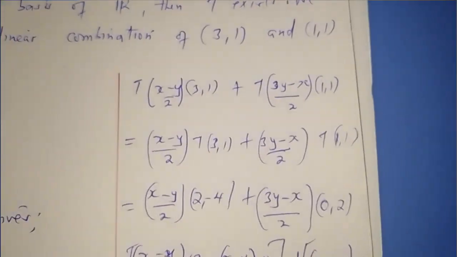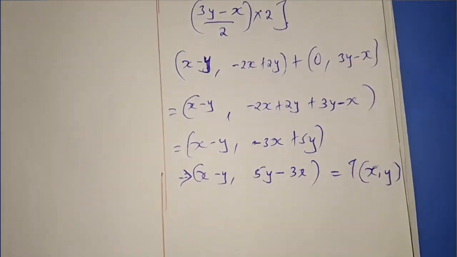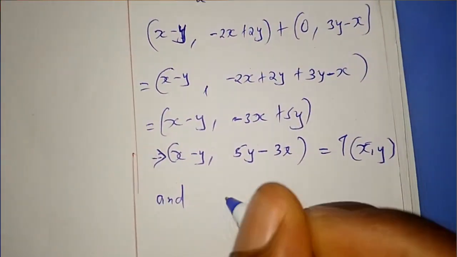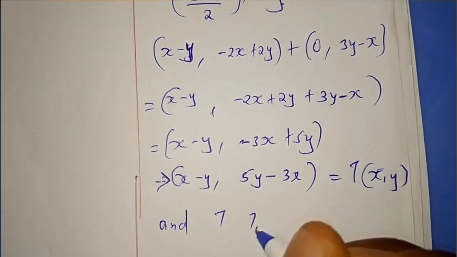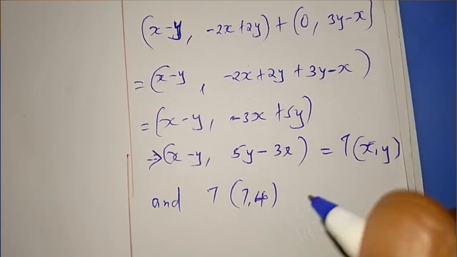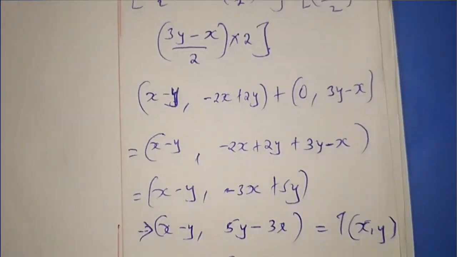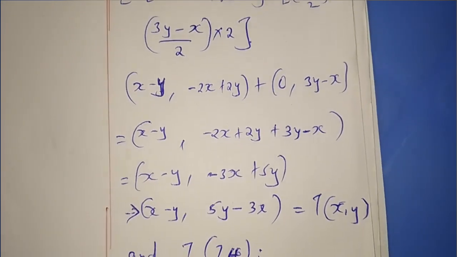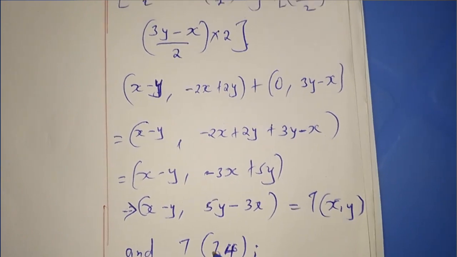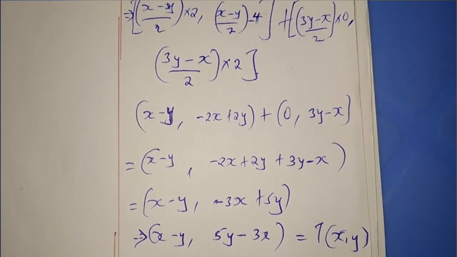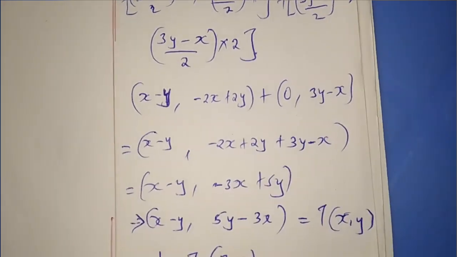Now let's find T(7, 4). This 7 is for x, and 4 is for y.